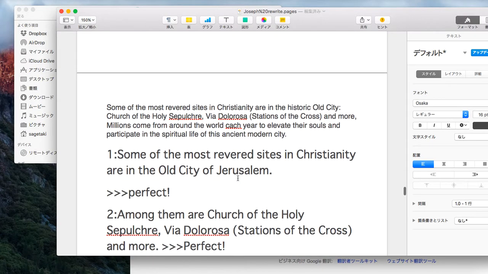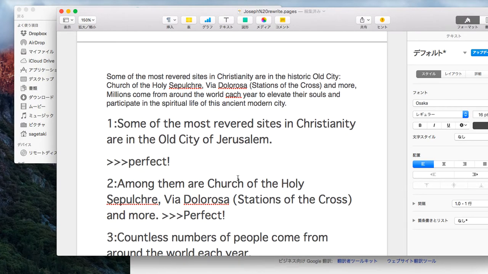Okay, let's move on. Some of the most revered sites in Christianity are the historic old city, and this colon, not semicolon, which means Church of the Holy, I don't know how it's pronounced, Via Dolorosa, Station of the Cross, and more. Millions come from around the world each year to elevate their souls and participate in the spiritual life of this ancient modern city. This is misspelled.